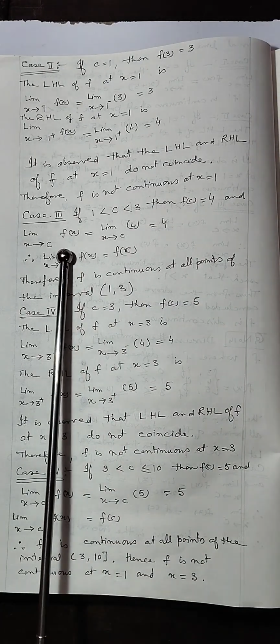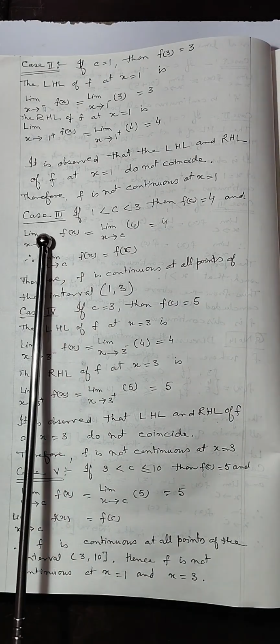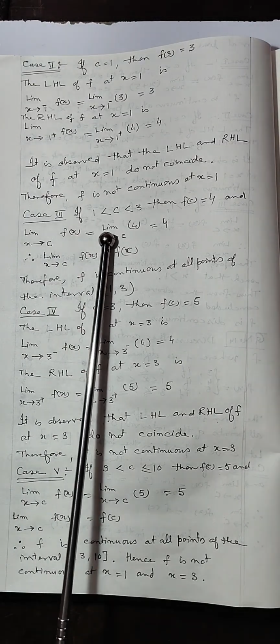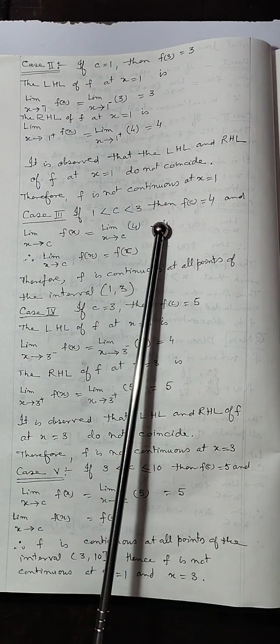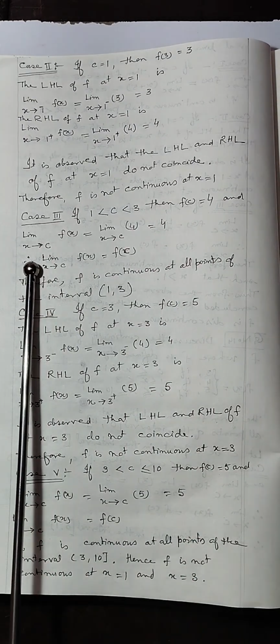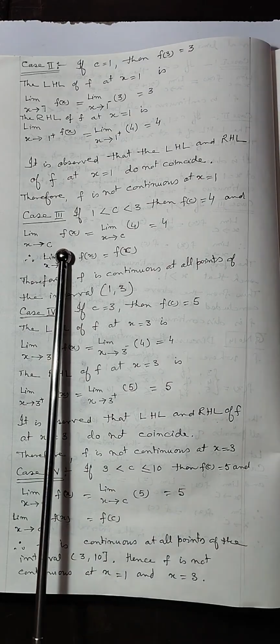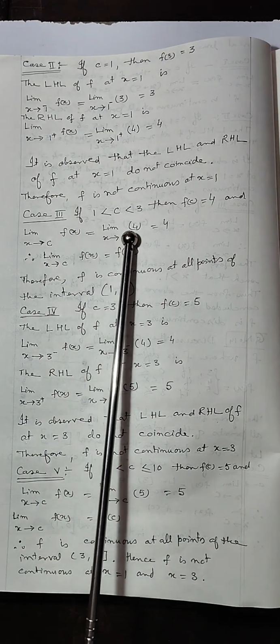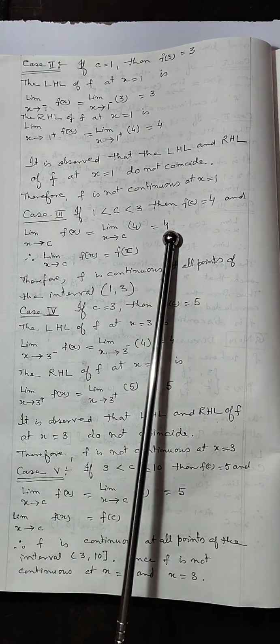अगर दोनों सेम आ जाते तब कंटिन्यूअस होता है। नाउ कम टू द केस 3। इफ 1 इज लेस देन c and c इज लेस देन 3, then f(c) is equal to 4 and limit x tends to c, f(x) is equal to limit x tends to c 4, that is 4.